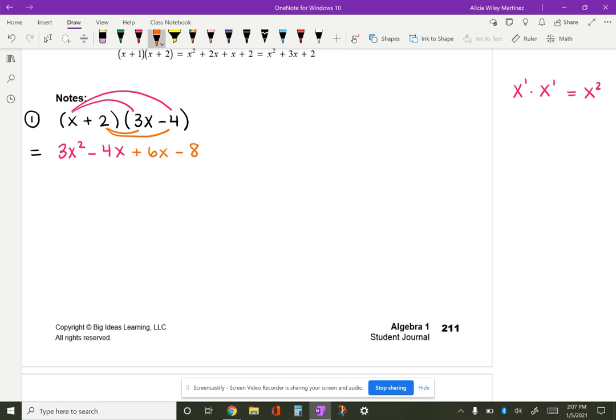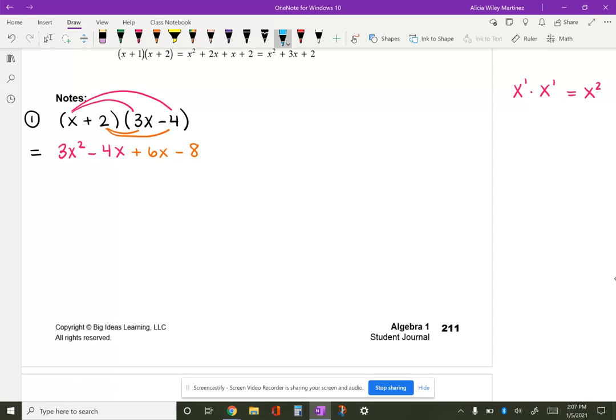So I want you to notice that you got 4 terms. Basically, what's happened is every term has been multiplied to every term. And because there's 2 terms times 2 terms, I should get 4 terms, which I do. But remember, after you get those 4 terms, you need to make sure that you simplify by combining any like terms and also putting your answer in standard form.